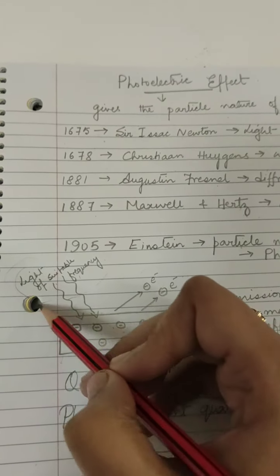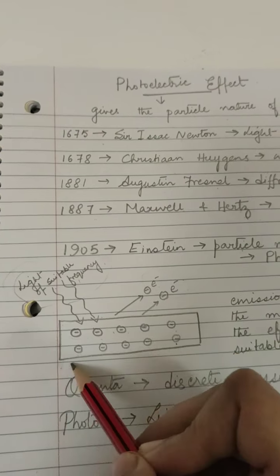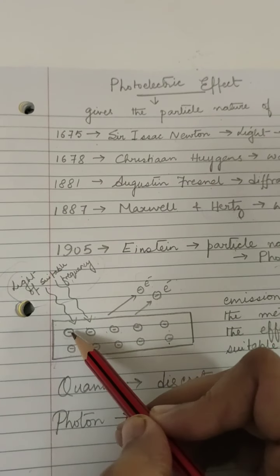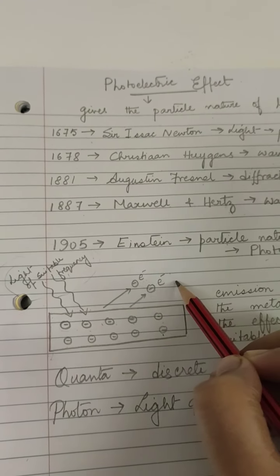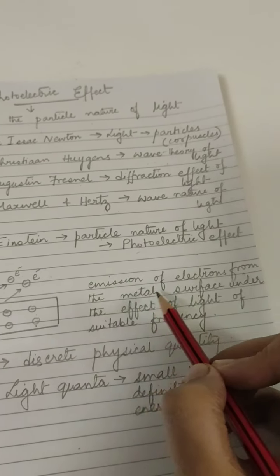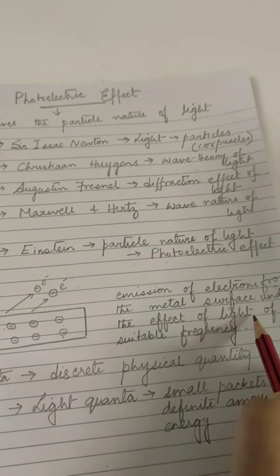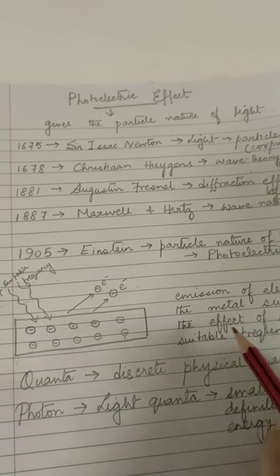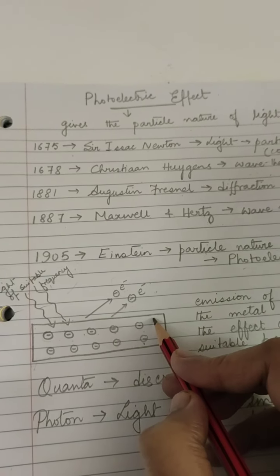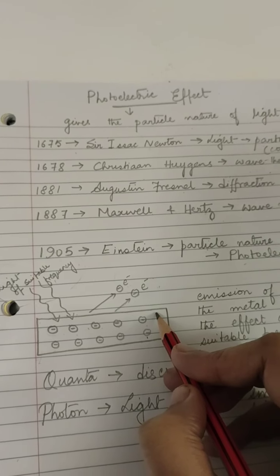So if light of suitable frequency is incident on a metal surface, then electrons are ejected from the surface of the metal. This emission of electrons from the metal surface under the effect of light of suitable frequency is called photoelectric effect or photoelectric emission.